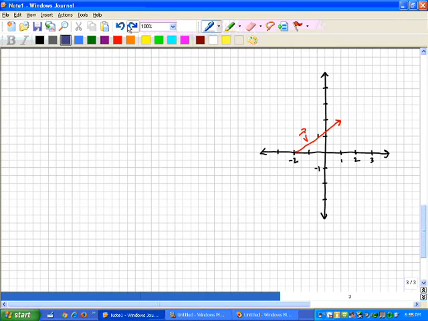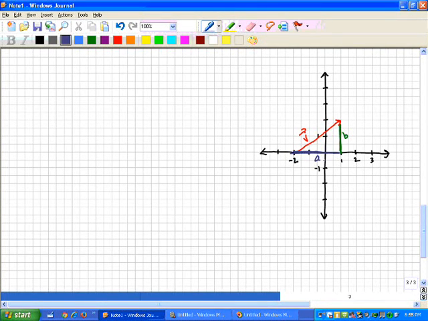But we can also consider this vector by considering its horizontal component and its vertical component. We're going to call the horizontal component A and the vertical component B. That's simply if we left the initial point and traveled to the terminal point, only traveling horizontally and vertically.